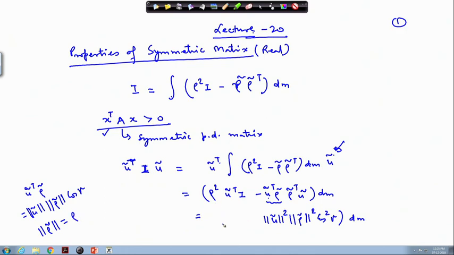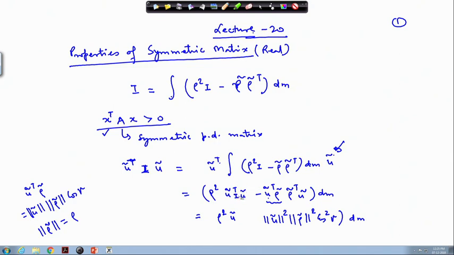So, here on the left hand side we have u tilde transpose times I, and here one more part we are missing. u tilde is coming from this place, so we need to put that also. So, we have the identity matrix I times u tilde.